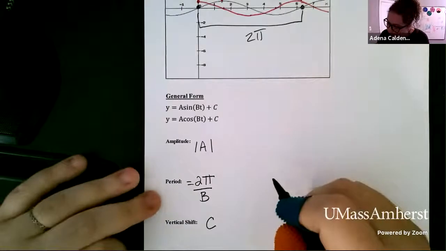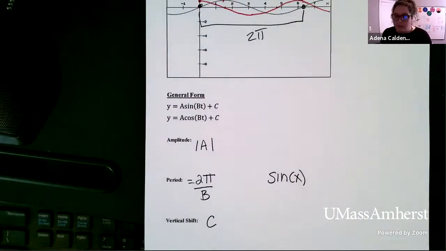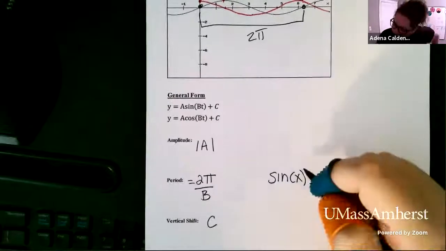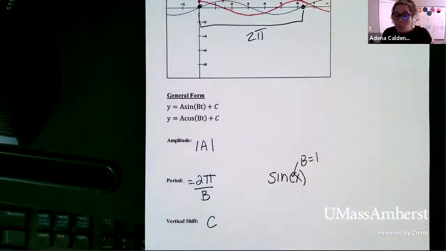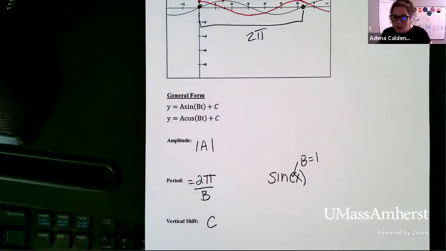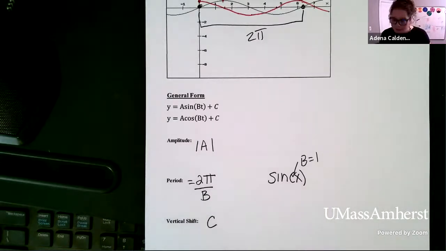So I want you to consider just the general function of sine x. For sine x, your b would be 1. There's an invisible 1 there. And so the period would be 2 pi over 1, which is 2 pi, which we know to be true.